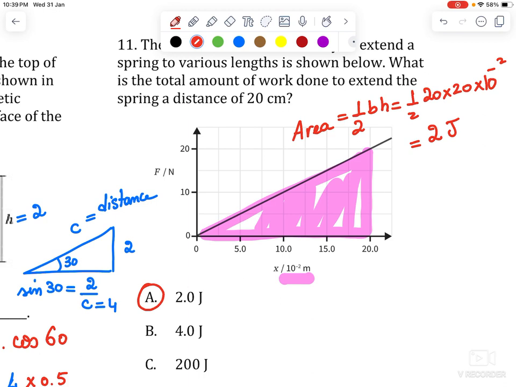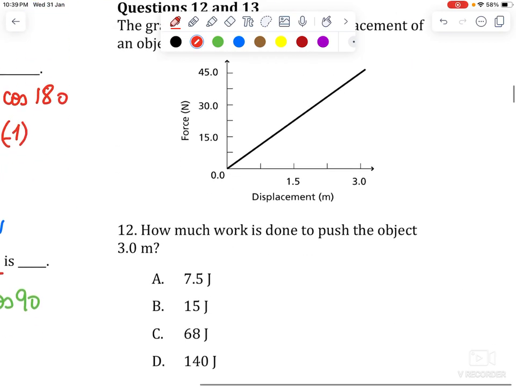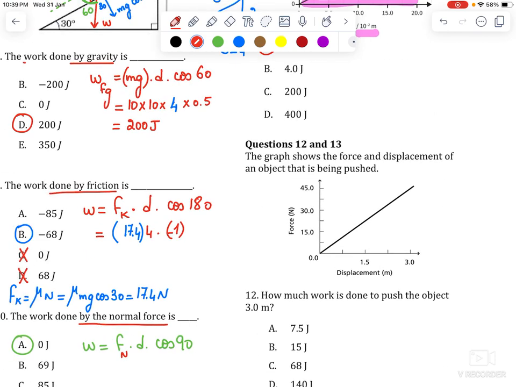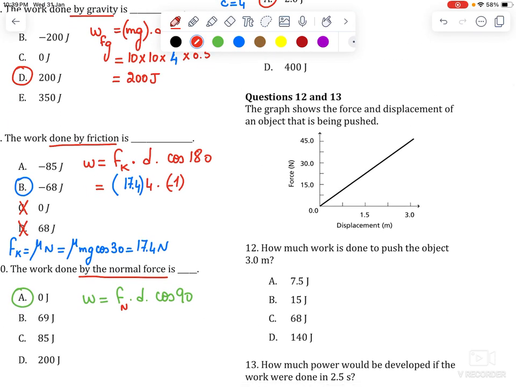So number 12. You also have a graph. You need to find the work until only 3 meters. So again, find the area. All right, so the area here is also half base times height, which will give me 1/2, 45 by 3.